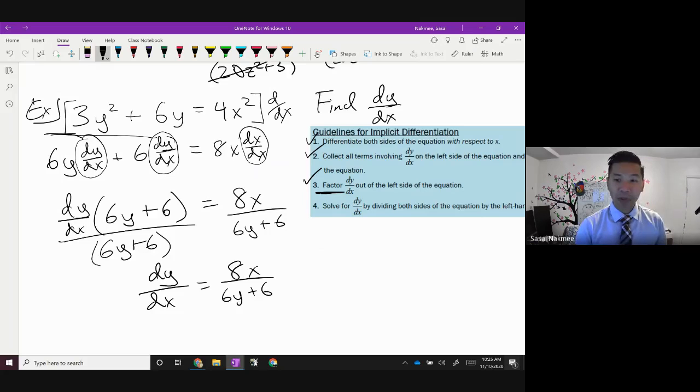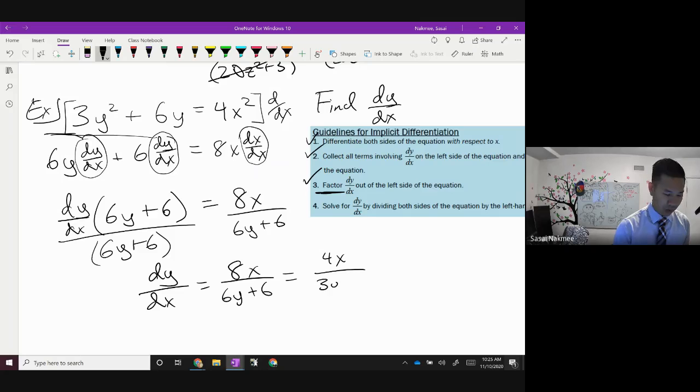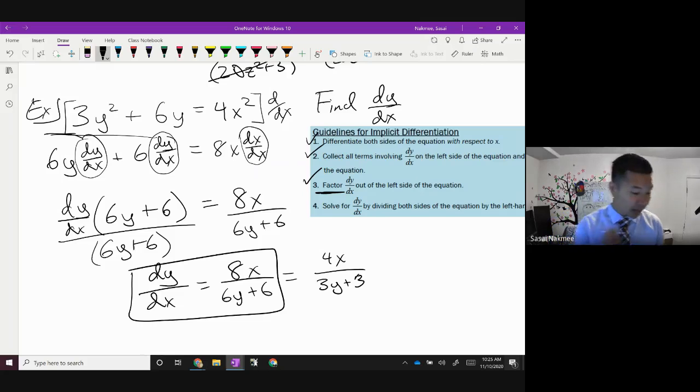And if you're one of those people who love simplifying things because you want to, please make sure you simplify correctly. This all has a factor of 2. You could rewrite this as 4x over 3y plus 3. But I would prefer it like that. But if you want to factor out, you can.